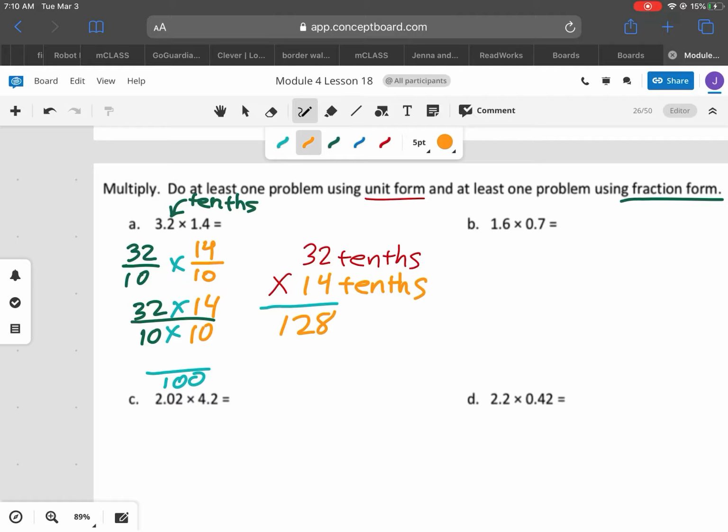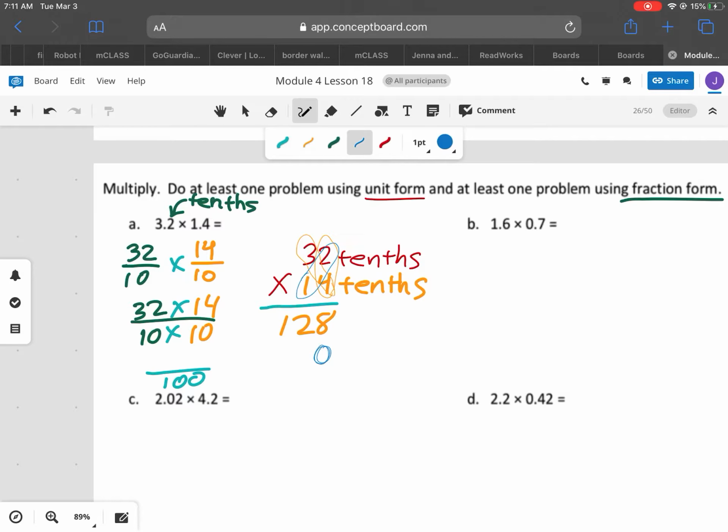For those of you that are wondering what I just did, first we did this, then we did this. Okay, now we're going to go down to the next one. I'm going to put a 0 there because we're going to do 32 times 10. Because this 1 here is not a 1, it's actually a 10, 110.